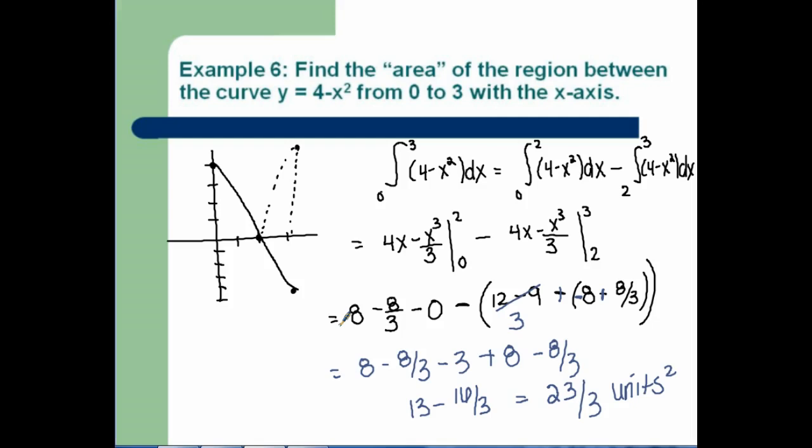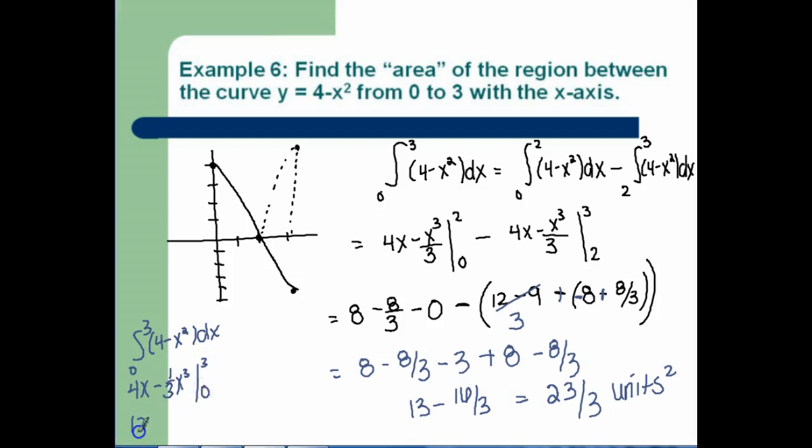This value right here is not equal to the integral value. Is that what you're going to ask? I was going to ask, when do you actually subtract it normally? Just in the integral value? Right, so if we found the integral of this curve from 0 to 3 of 4 minus x squared dx, it would actually be 4x minus 1/3 x cubed evaluated from 0 to 3, the positive area minus that area below the line.